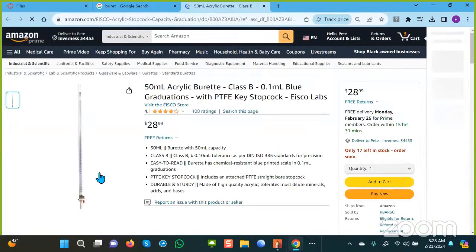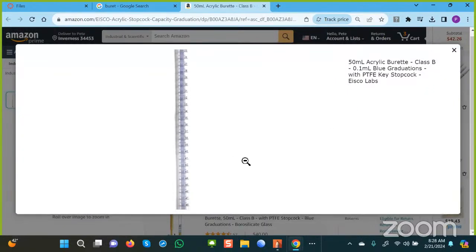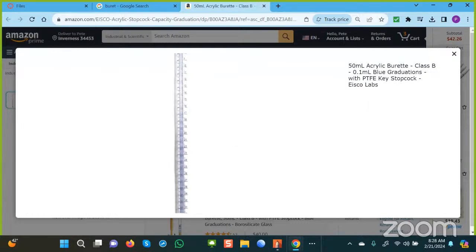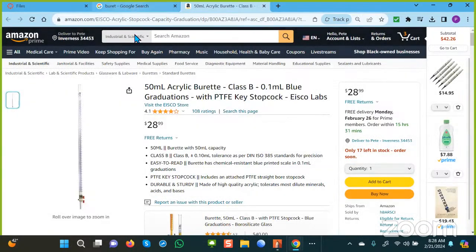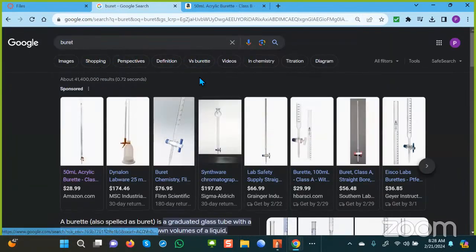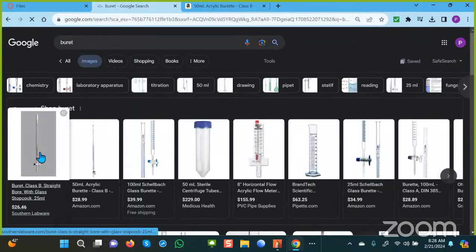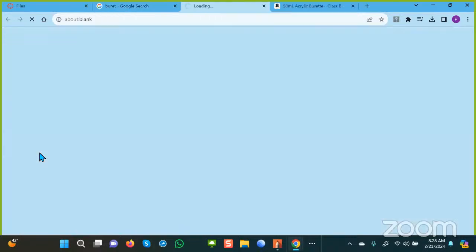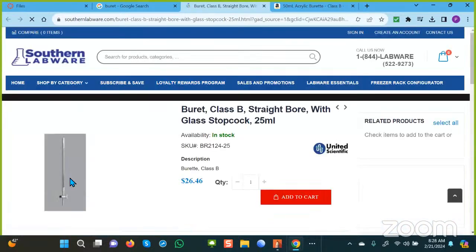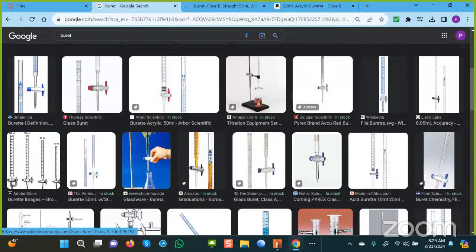Oh, I didn't know that Amazon was in the business of selling beers. Man, they're into everything. Okay, let me try another picture. In fact, let me go to images. Okay, can I see a larger picture? Anyway, let me use this.